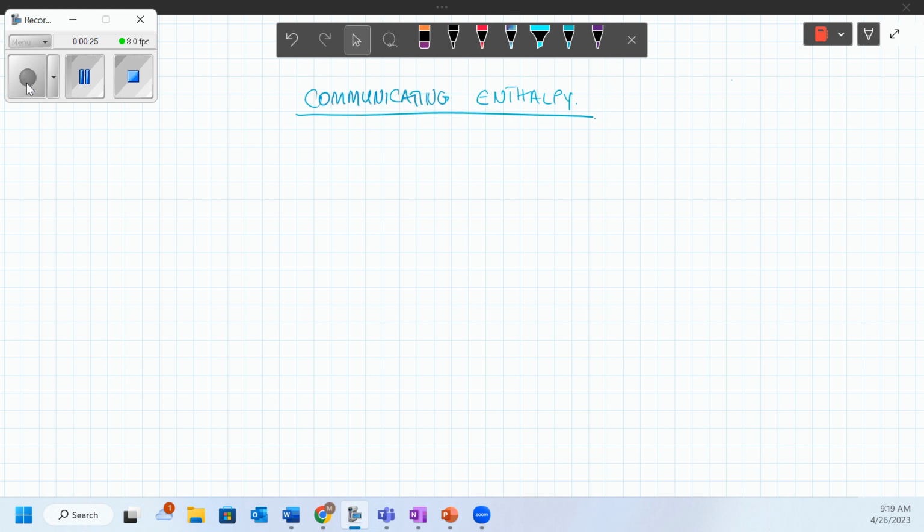And so to help you and everyone in the world have the same language, per se, of how we are communicating enthalpy, we have established 4 ways of communicating enthalpy.